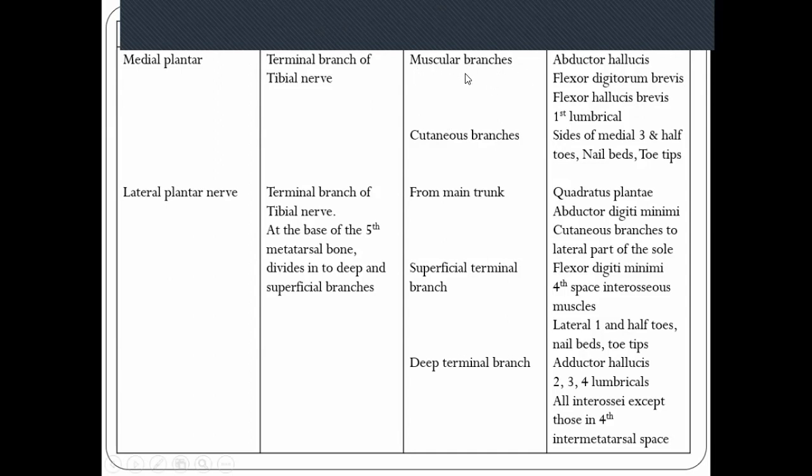The medial plantar nerve gives muscular branches to abductor hallucis, flexor digitorum brevis, flexor hallucis brevis, and the first lumbrical. And it gives cutaneous branches to the sides of medial 3½ toes.